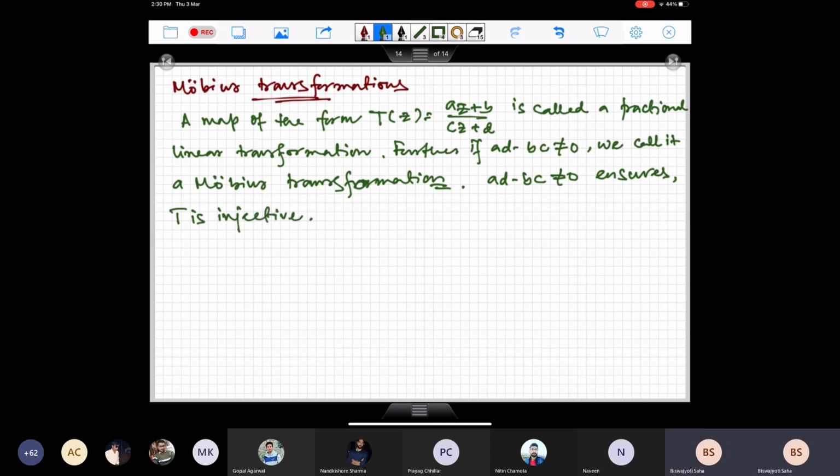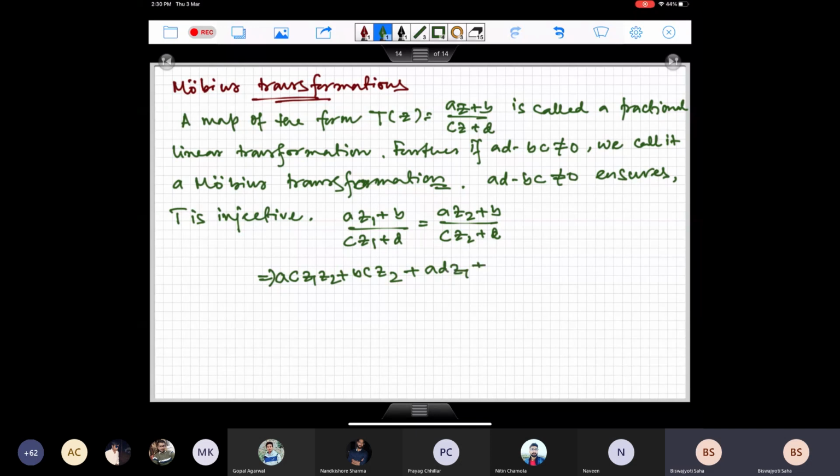Okay, so why is it injective? Because I can just check: if (az1 plus b) divided by (cz1 plus d) equals (az2 plus b) divided by (cz2 plus d), then I can cross multiply and get ac z1 z2 plus bc z2 plus ad z1 plus bd, and this is equal to ac z1 z2 plus bc z1 plus ad z2 plus bd.